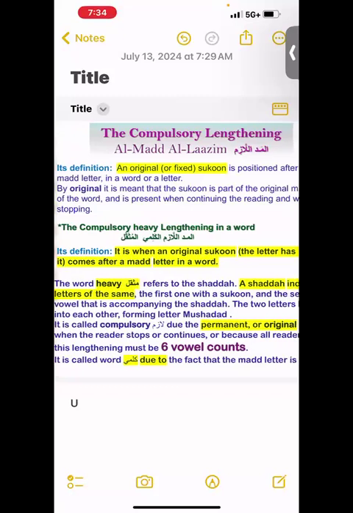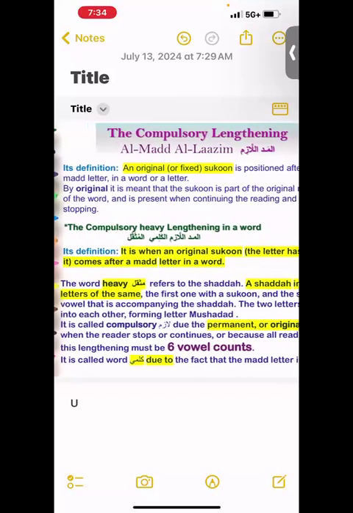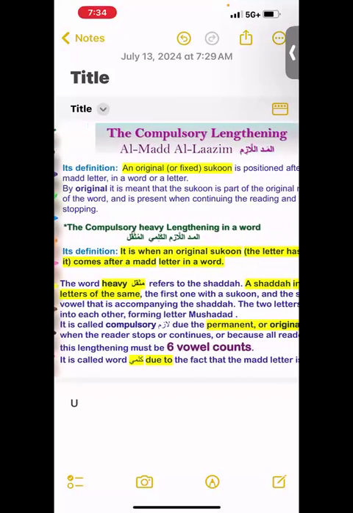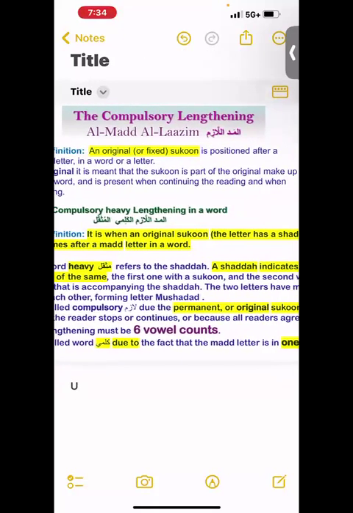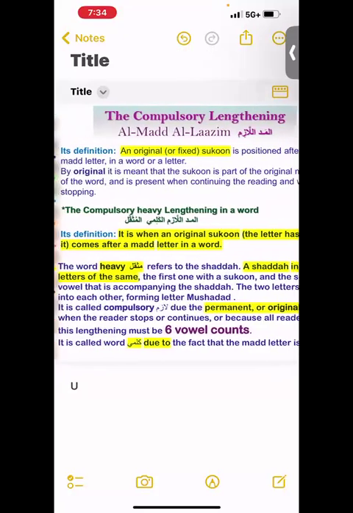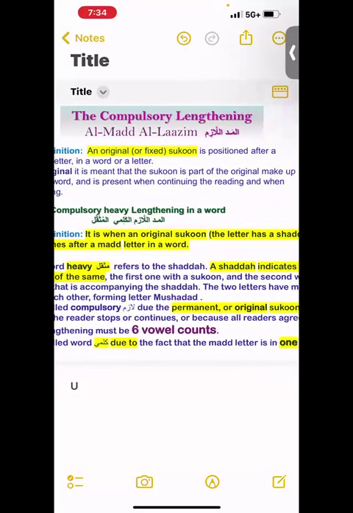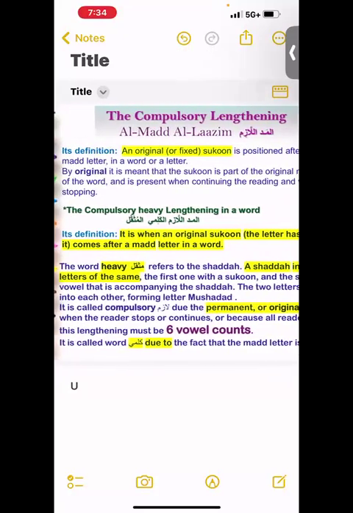So an original or fixed sukoon is positioned after a mad letter in a word or a letter, which will make up Mad Lazim Kalimi or Mad Lazim Harafi. And by original, it is meant that the sukoon is part of the original makeup of the word and is present when continuing the reading and when stopping.